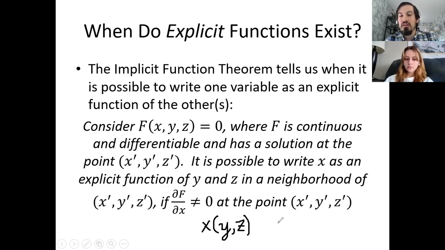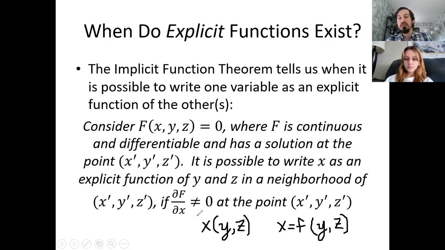And another way you could write that is x equals, and now not uppercase F, but lowercase f of y and z. Both of these are equally valid ways to write what I've written in this sentence. It is possible to write x as an explicit function of y and z.